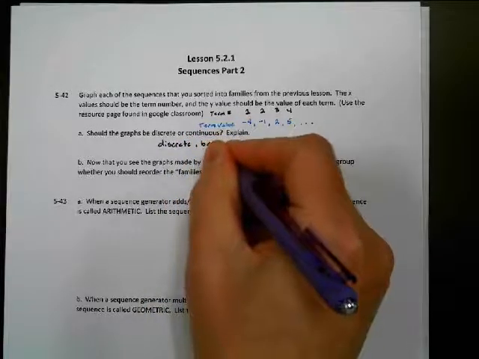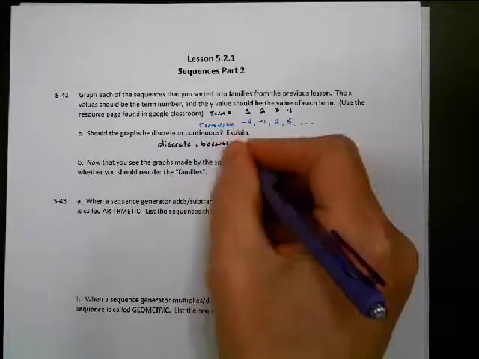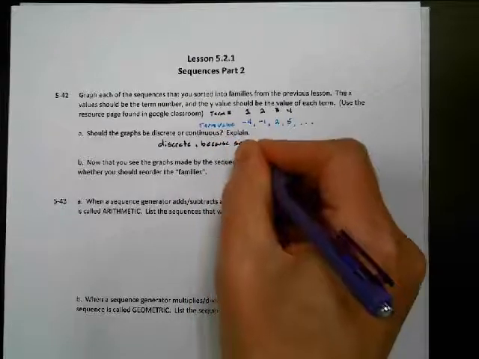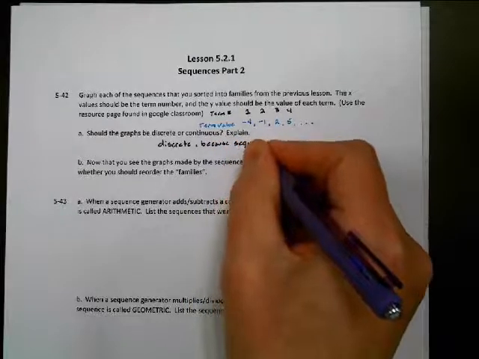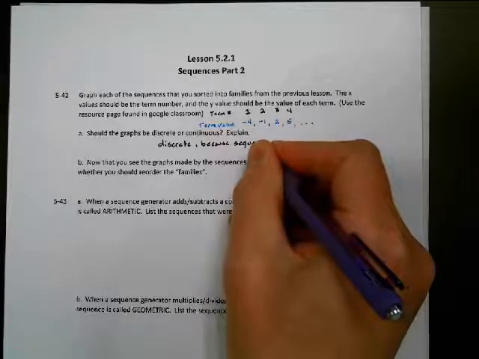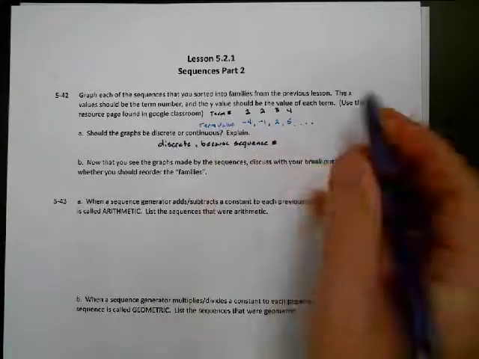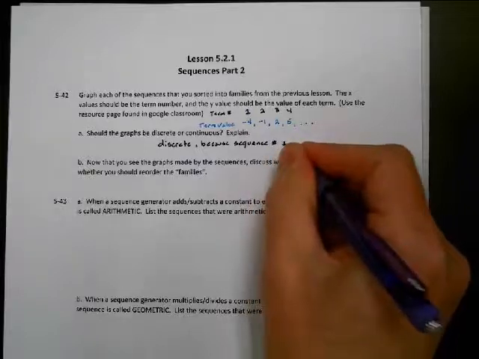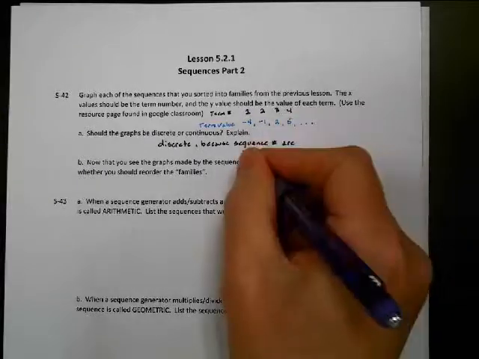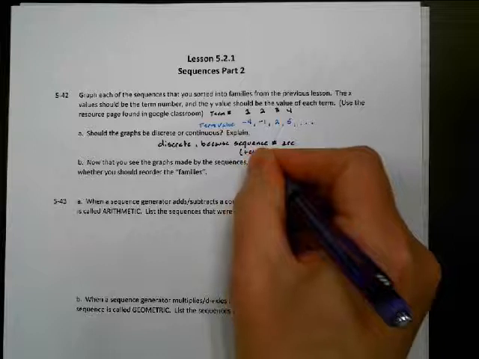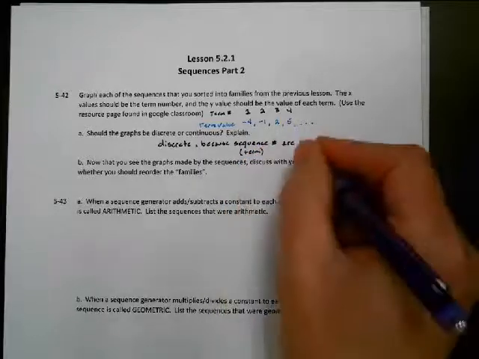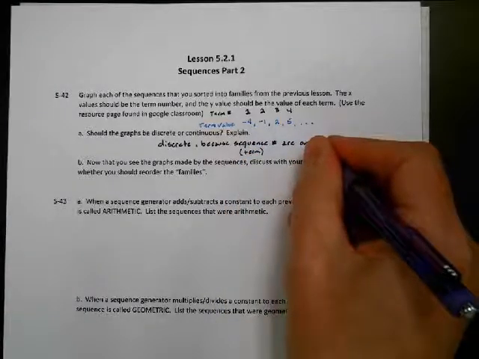Because sequence numbers, so term numbers, term numbers are only positive integers.